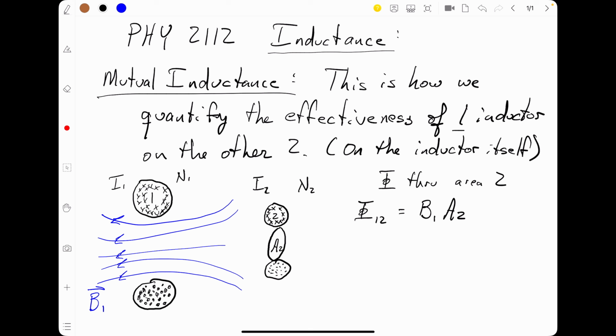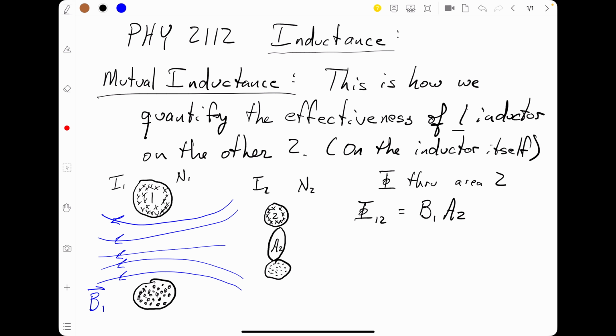So this is my nomenclature. Okay, so we've got B1 on A2. All right, that is phi 1, 2. All there is to it. Okay, so we've got N2 turns over here, N1 turns over there. We've got current I1 over there, I2 over there. This B field comes from I1, okay?